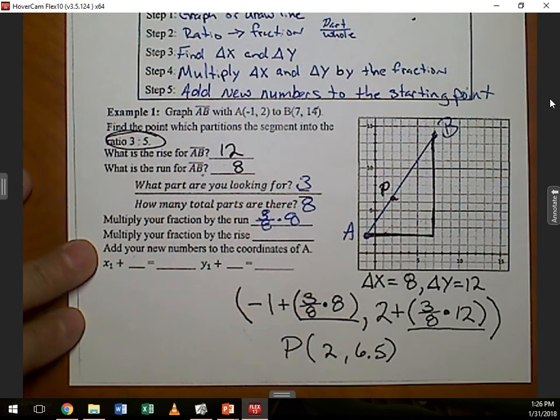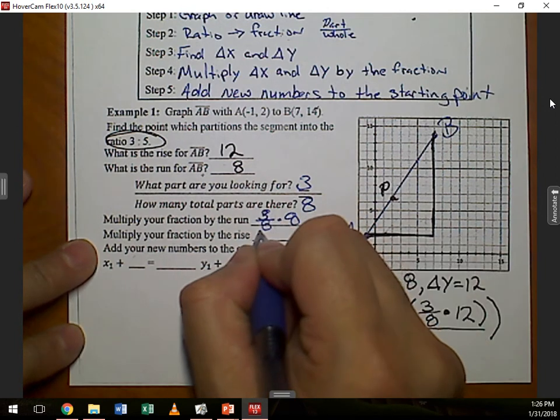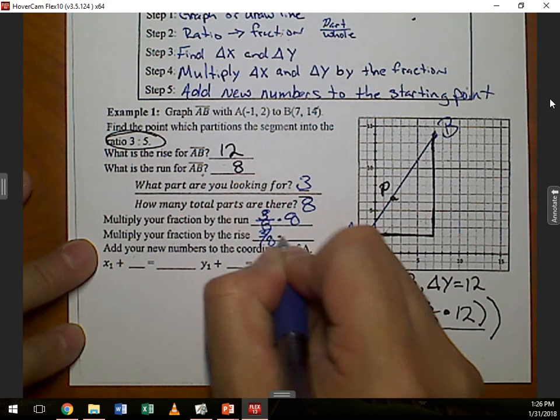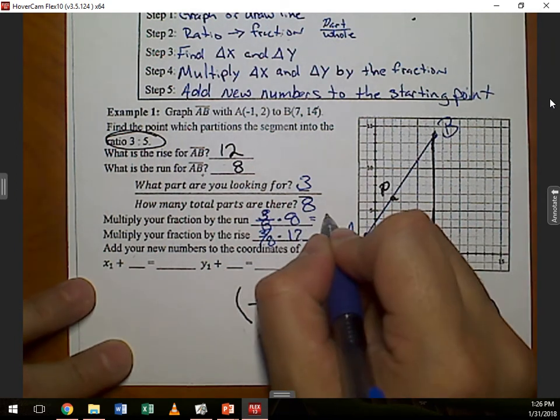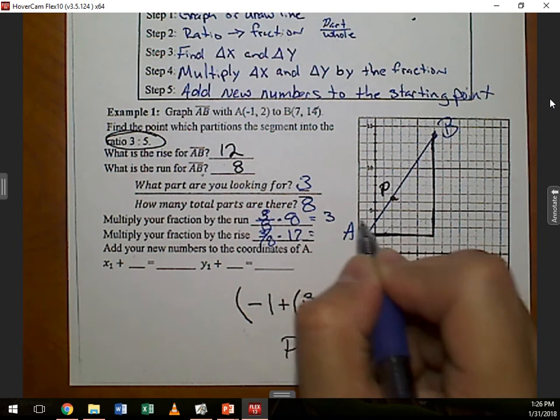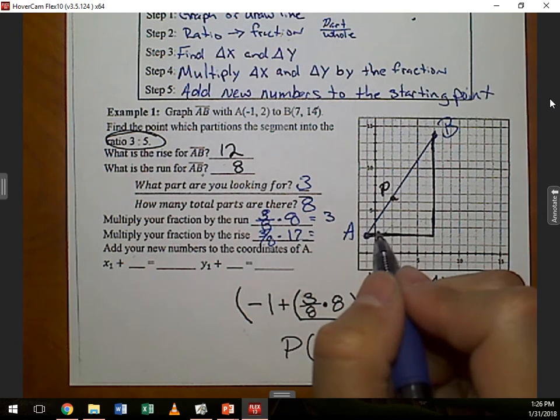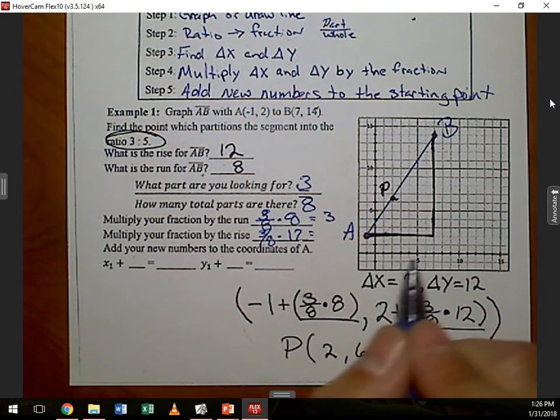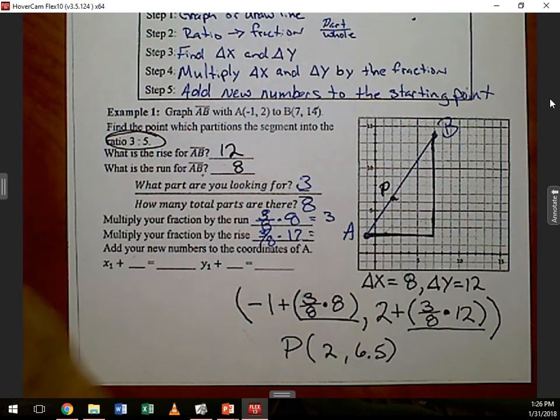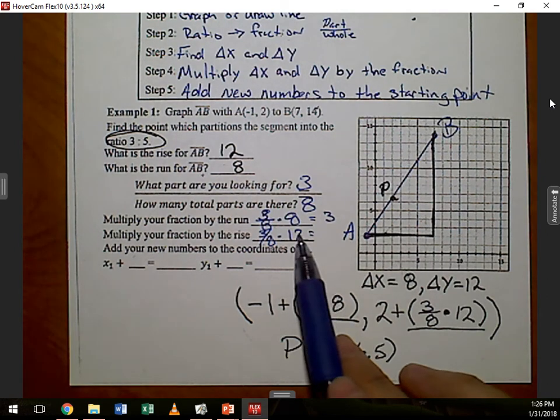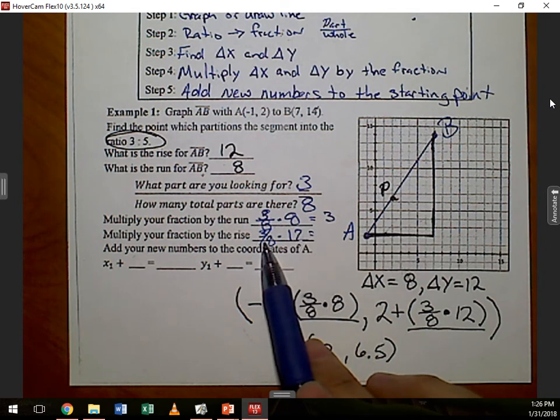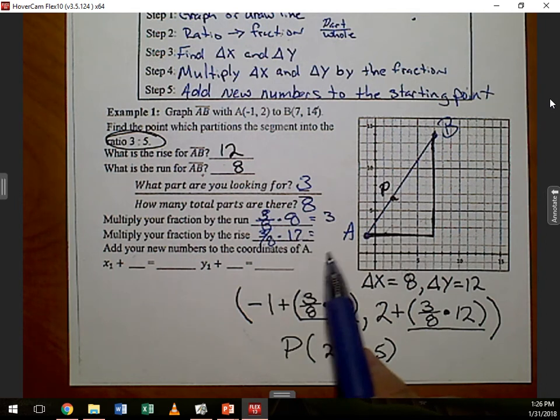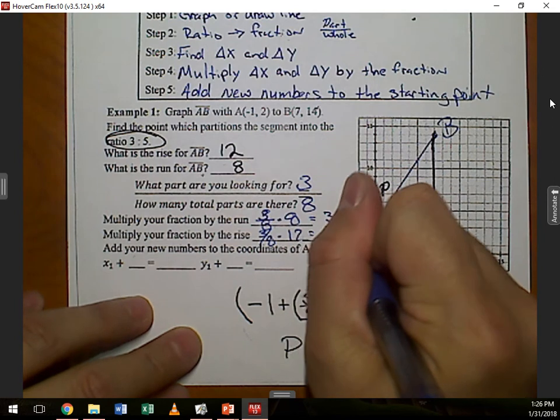Multiply the fraction by the run, which was my 3 over 8 times 8. Multiply your fraction by the rise, which was my 3 over 8 times 12. So this gave me 3. This gave me something else. If I reduce it, factor of 4, so that's going to be 9 over 2, which is 4.5.